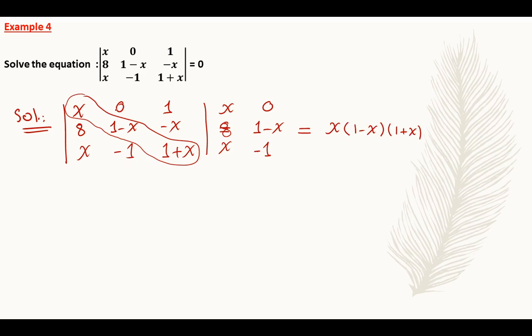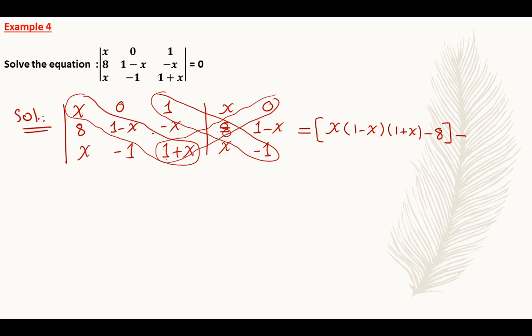Okay, the second diagonal will be 0 times negative 1 times x, and it will be equal to 0. And here the third diagonal will be 1 times 8 times negative 1, it will be equal to negative 8. Okay, all of this will be subtracted from 0 times 8 times 1 plus x, these are the elements of the other diagonal, it will be equal to 0.